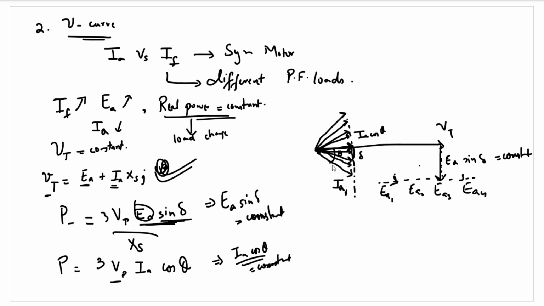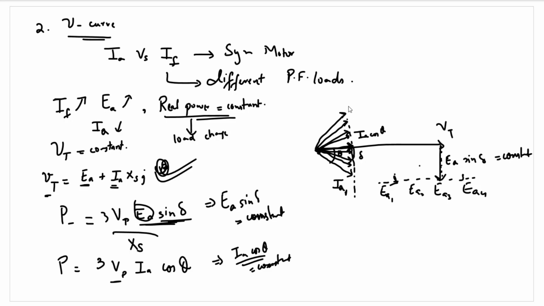So the effect of If on Ia is this: in the lagging power factor, Ia will decrease with increased If, but in the leading power factor, Ia will tend to increase with increasing field current, and the minimum value of Ia obtainable is at unity power factor when Ia is equal to Ia cos theta on the diagram.